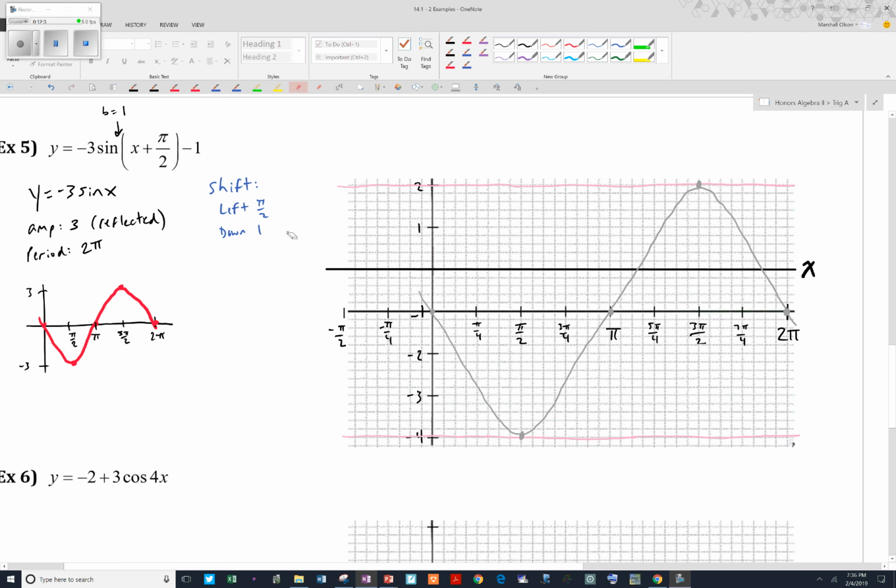So what we know now is that that left pi over 2 on my graph means that all these points are going to be shifted that much, those 2 units on my graph. So in other words, that point right there is going to become this point right here. That point right there is going to become, if I shift it left 2, that point right there. And I'm going to keep going.